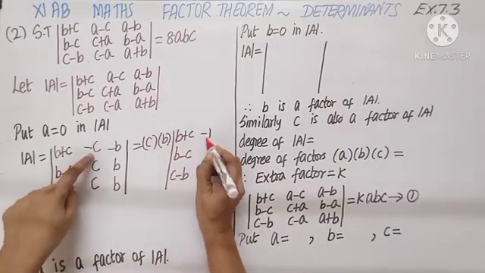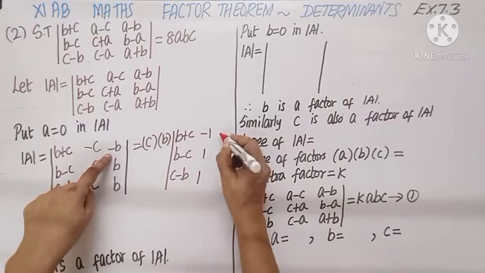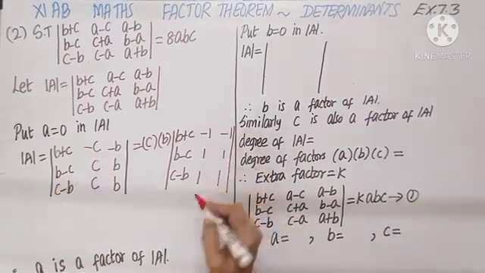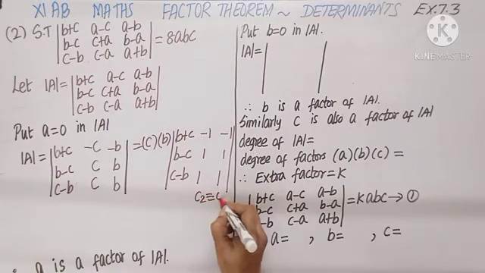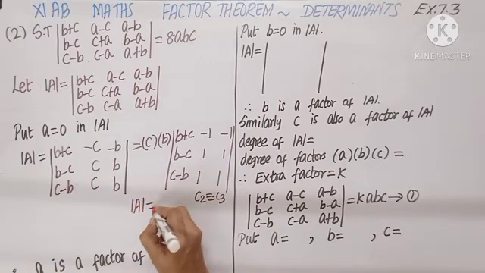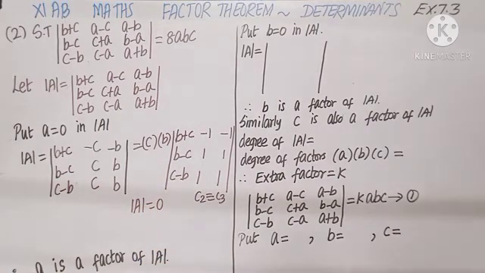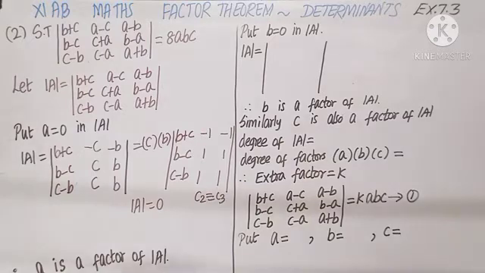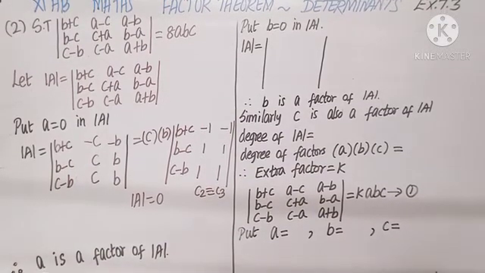It becomes minus 1, 1, 1. Third column, minus 1, 1, 1. As we check, column 2 is identical to column 3. Therefore, determinant A becomes 0. Whenever determinant A vanishes, I can say a minus 0, that is, a is a factor of determinant A.